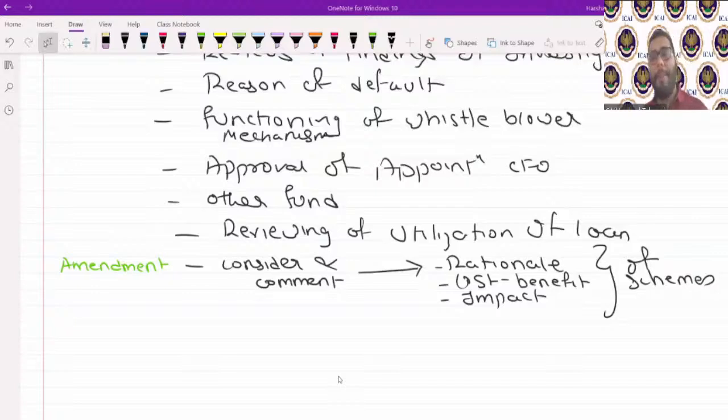Whenever a company lists its equity shares on any of the stock exchanges, they need to comply with the listing obligations and disclosure requirements issued by SEBI. So SEBI LODR regulations are the ones we are talking about. They are issued by SEBI and they are different from the Companies Act.